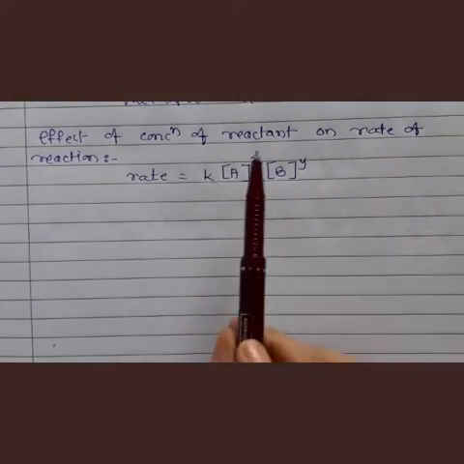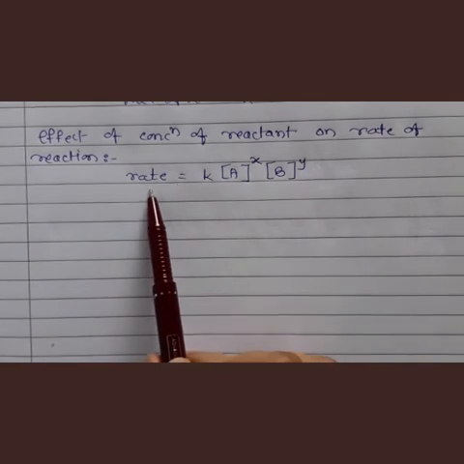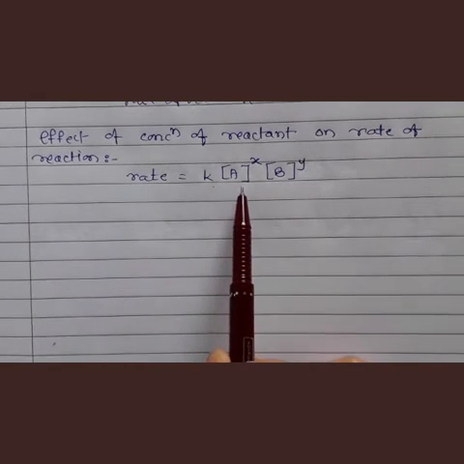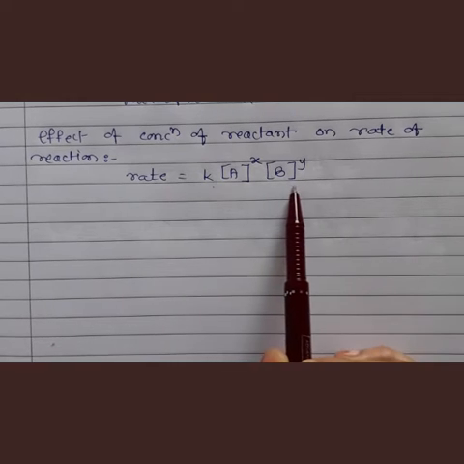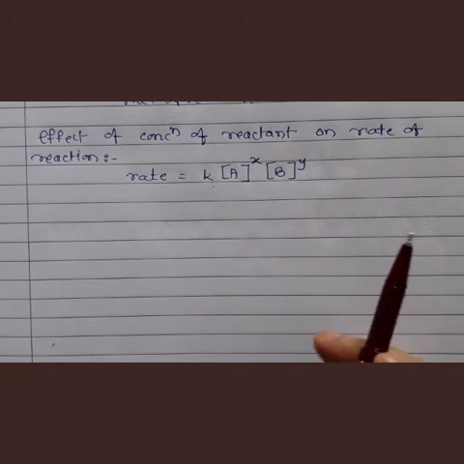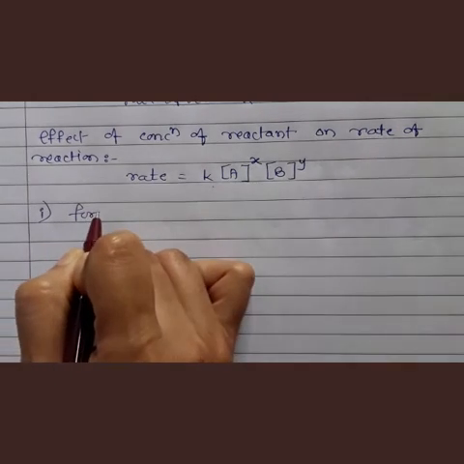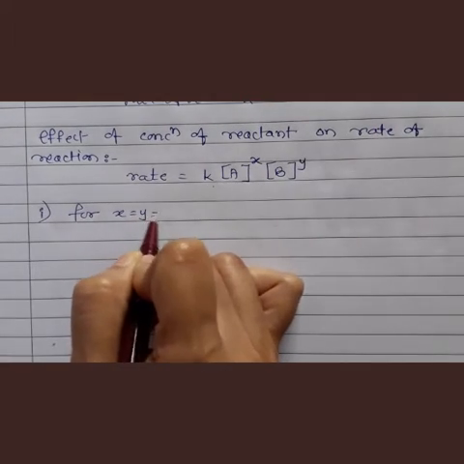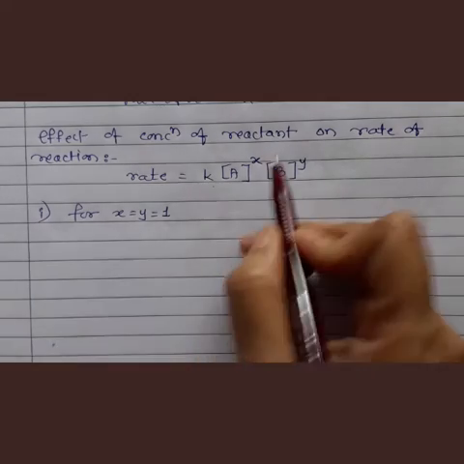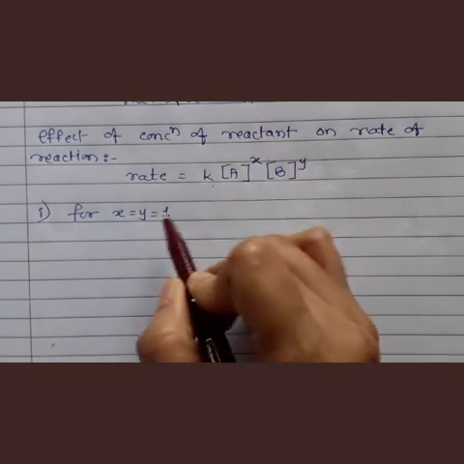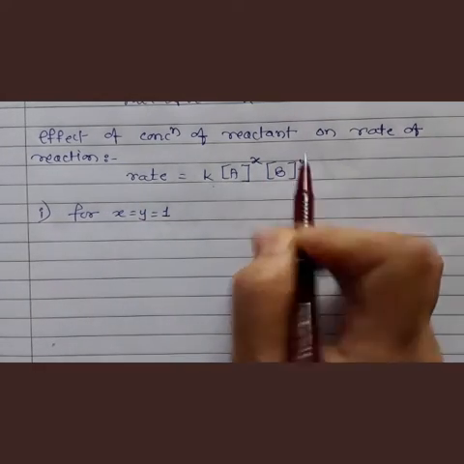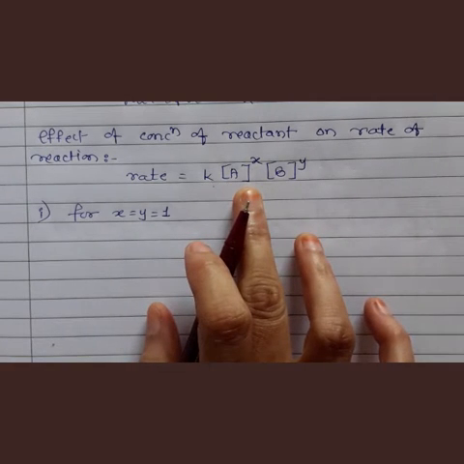Okay, again the same rate law I have written over here. Rate of reaction is equal to K multiplied by concentration of A multiplied by concentration of B. So let us see the first case. First case is for x equal to y equal to 1. Understand? This exponent x is equal to 1, y is also equal to 1. So how will this rate equation become?